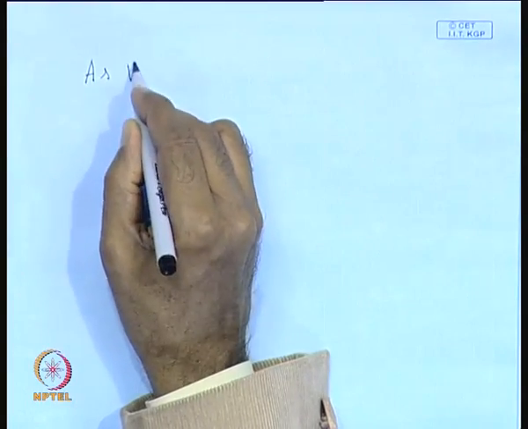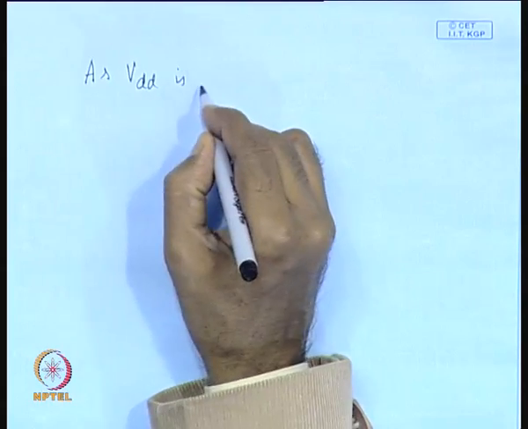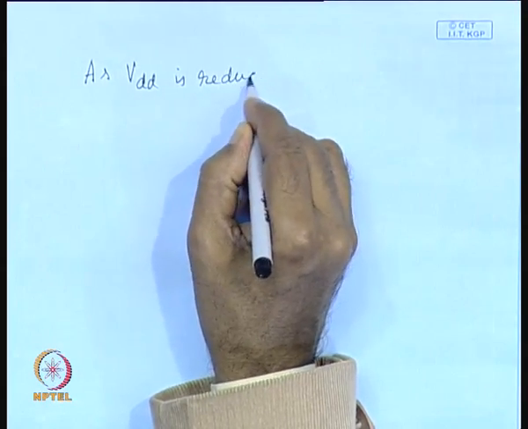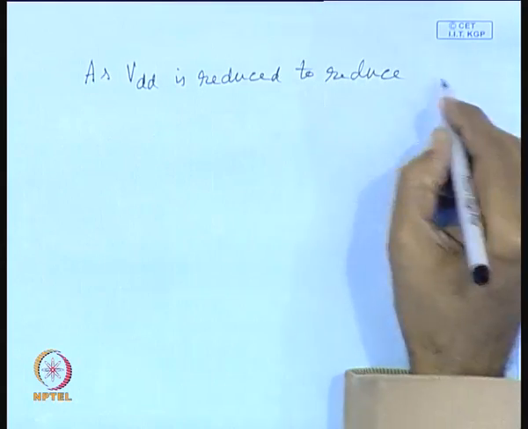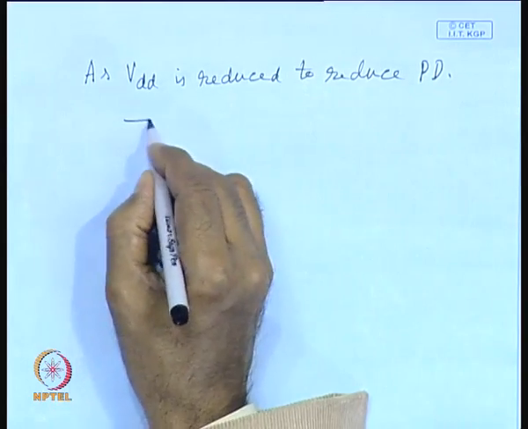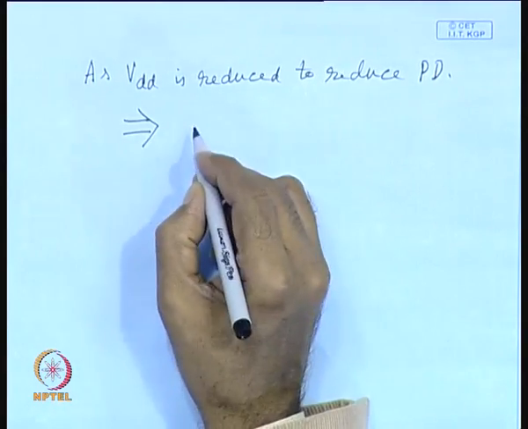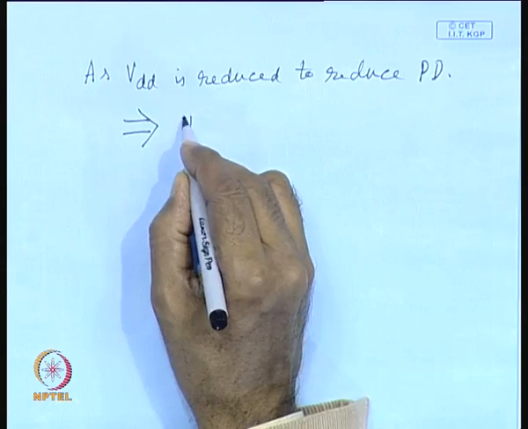And as you know, as you reduce the supply voltage VDD to reduce power dissipation, this implies that you have to reduce Vt.